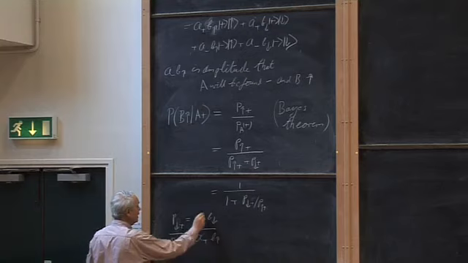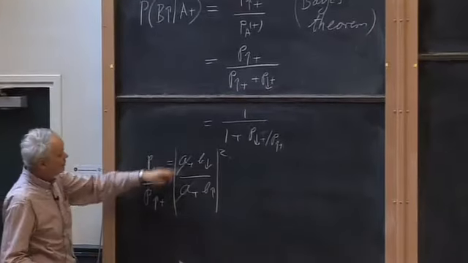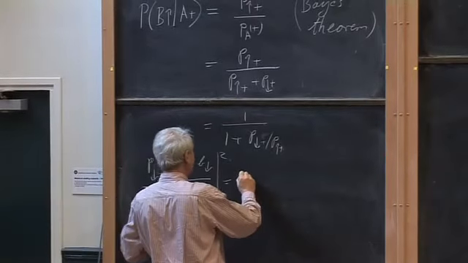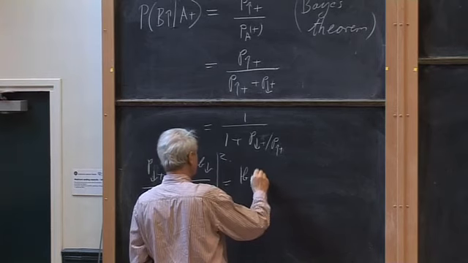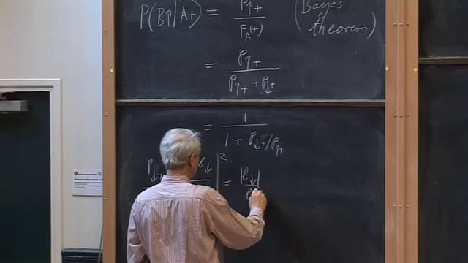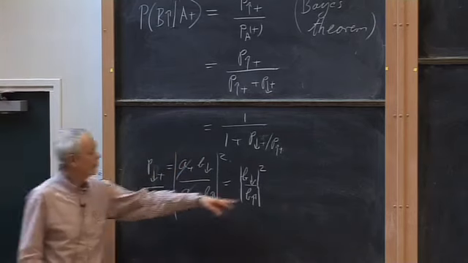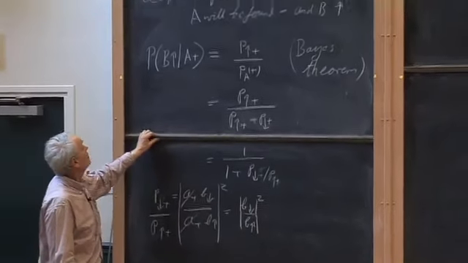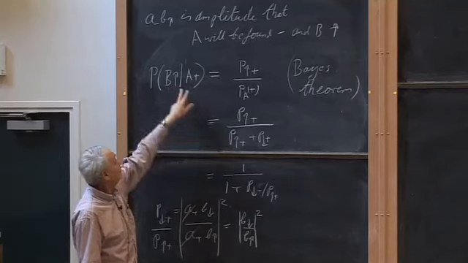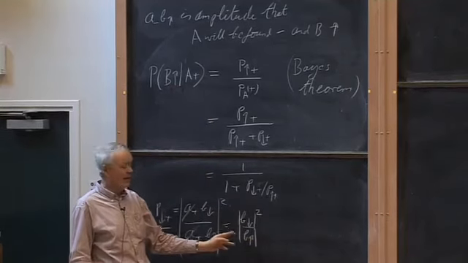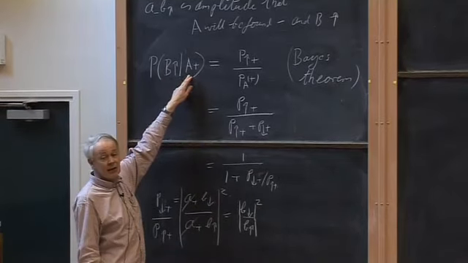So these A pluses cancel. Oh, well, we need to take the mod square of this whole thing, of course, right? But the crucial thing is those things cancel, so this ratio is in fact equal to B down over B up. So what's the point? The point is that this probability is actually, we've just shown, independent of A plus and A minus. So this probability does not depend on the state of A.